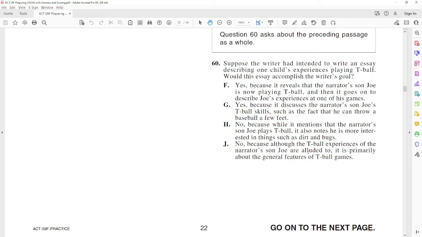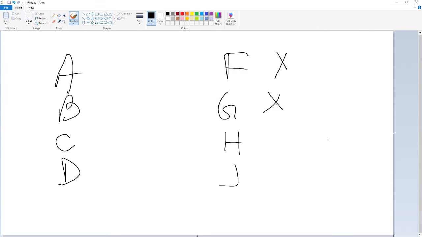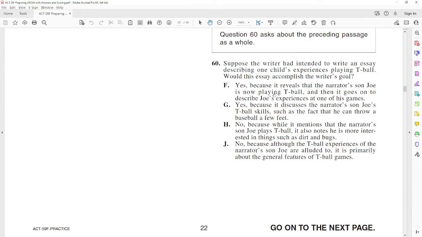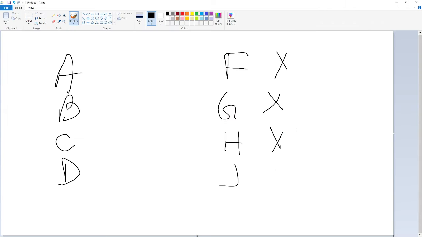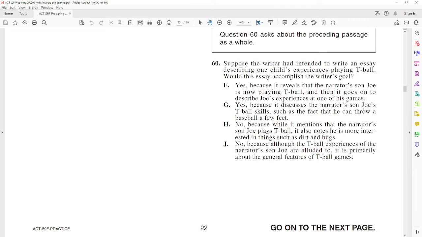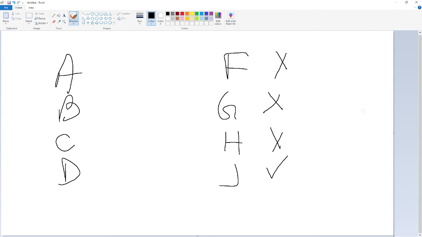"No, because although the t-ball experiences of the narrator's son Joe are alluded to, it is primarily about the general features of t-ball games." That's what I would say. It's more about t-ball than about one child's experience or even many children's. So J is it. It's just about t-ball in general, so it wouldn't fit the goal.